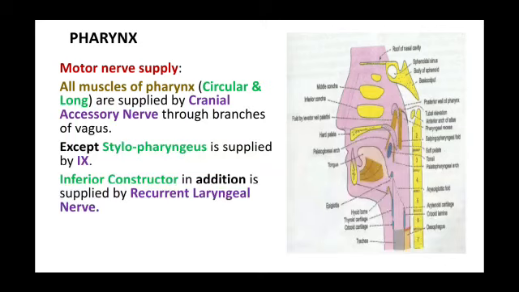Coming to the motor nerve supply of the pharynx, all muscles of the pharynx, that is both the circular and longitudinal muscles, are supplied by the cranial part of accessory nerve, that is through the branches of vagus nerve, except stylopharyngeus. Stylopharyngeus is supplied by the glossopharyngeal nerve, and in addition the inferior constrictor muscle is supplied by the recurrent laryngeal nerve. So that finishes the motor nerve supply.